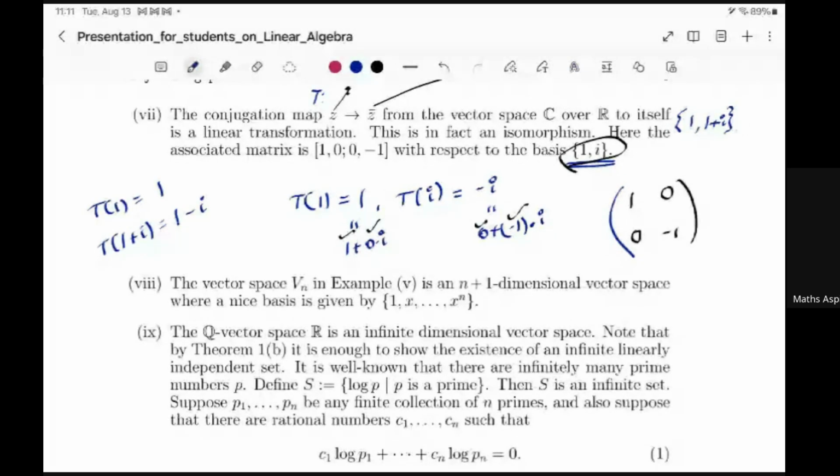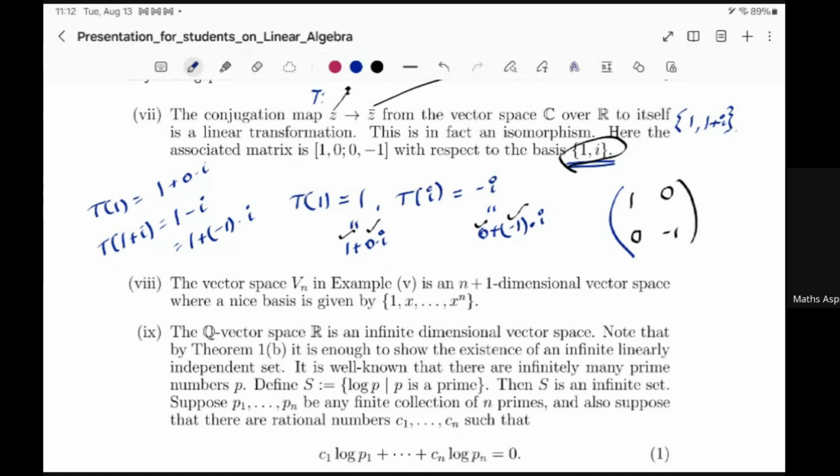You just write it in terms of, so this is just that, and this is just 1 plus minus 1I. So the matrix is now 1, 0, and 0 minus 1. Okay. So, no, sorry, 1, 0, and 1 minus 1, sorry. 1, 0, and 1 minus 1. So that's going to be your matrix.